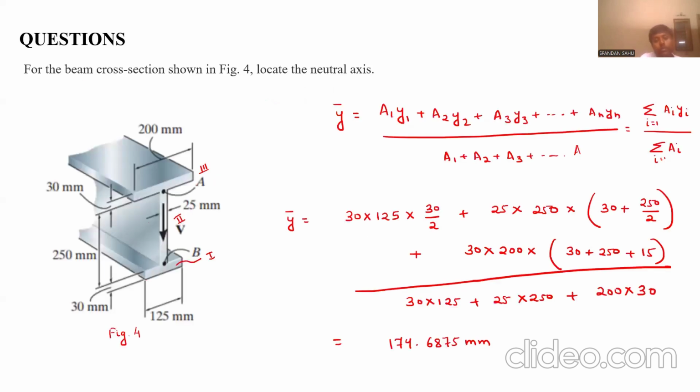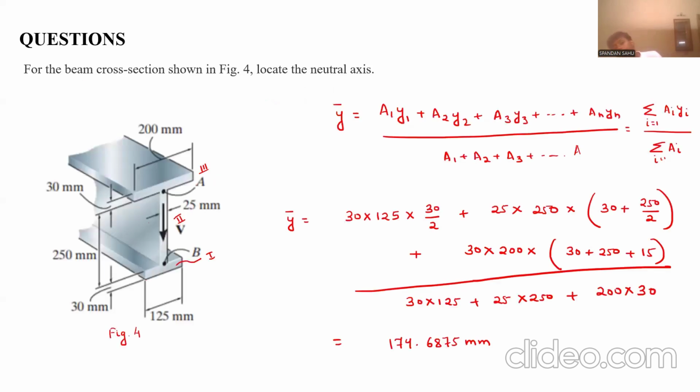Okay. So this is the third question. In this question, they are asking: if the same beam cross section as shown in the above figure is subjected to a shear force, V equal to 15 kilonewton, determine the web's shear stress at A. So where is A?